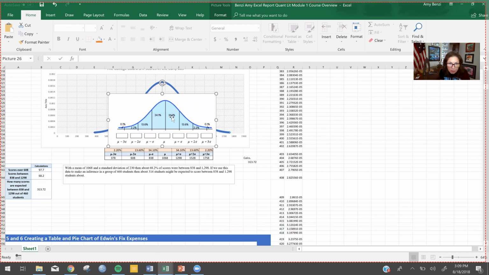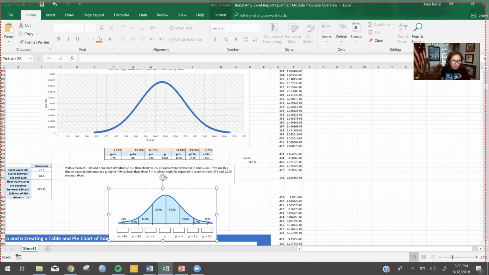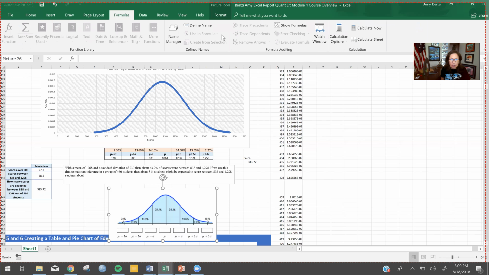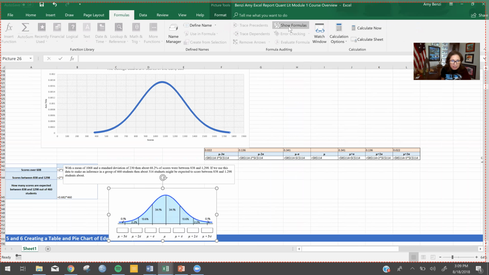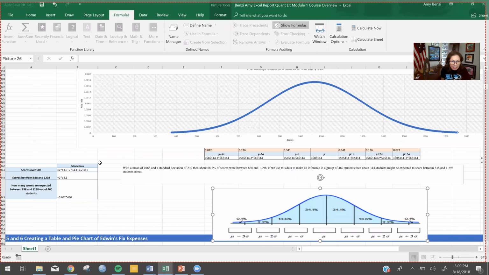And then I took 68.2 and I multiplied it by 460 because it says I had 460 students. And I'll just show you guys real quick. If I want to show formulas, I go up here to formulas, click show formulas, and here I am showing you all the formulas that I used. So you can see that right here I did 68.2% times 460.